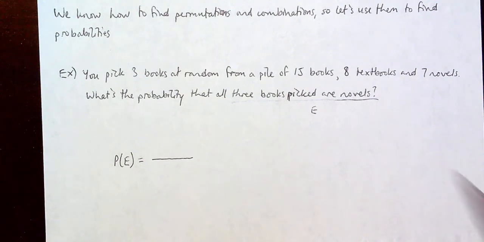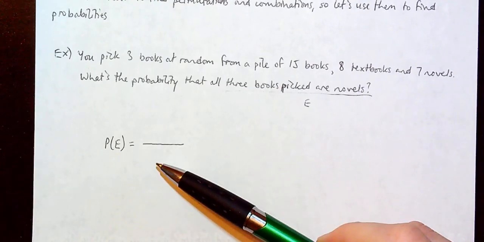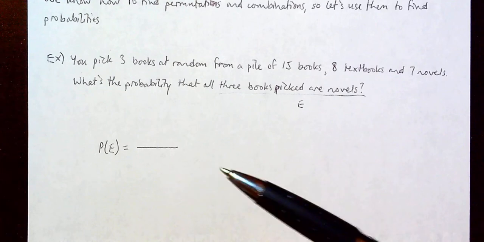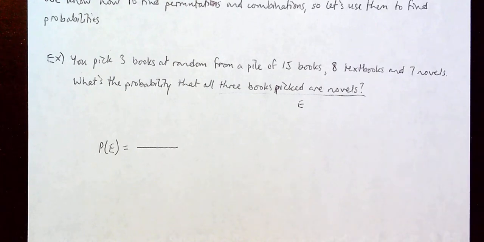So first, let's go with perhaps the easier one. In fact, they're both kind of on the same level in terms of how hard they are to find. They're both really not that bad. The number of outcomes in the sample space: basically, how many ways can we pick 3 books from this pile of 15?